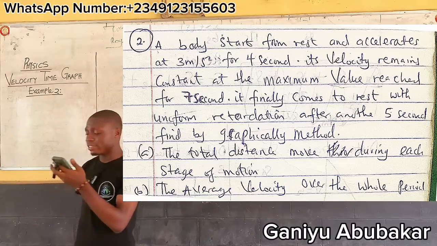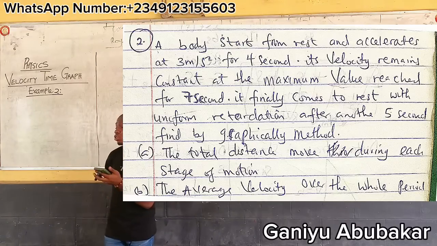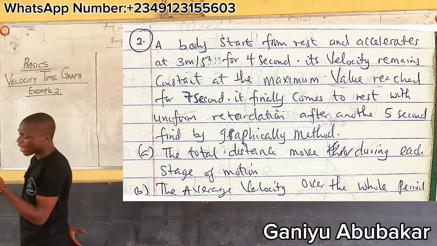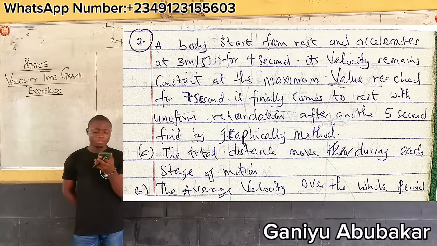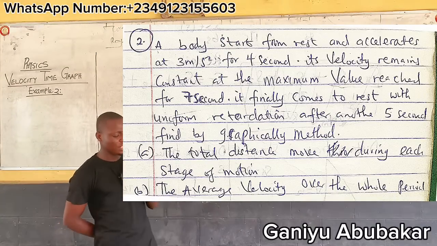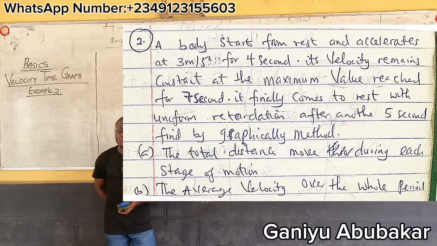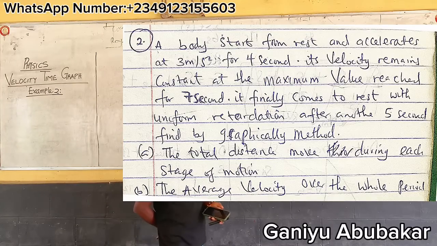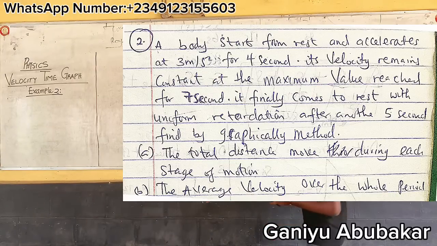Finally, C. The average velocity over the whole period.